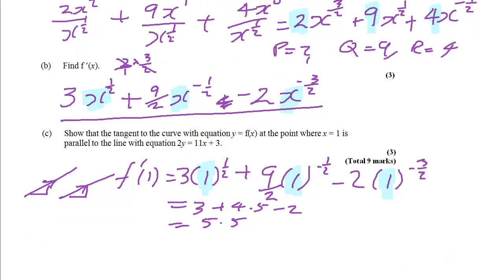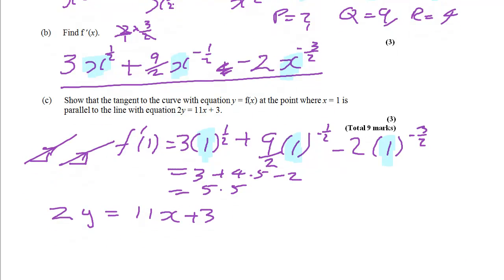So let's just look at what this gradient will give us. Well, we know we can rearrange 2y equals 11x plus 3 to get y equals 5.5x plus 1.5. We divide by 2 gets y, divide by 2 gives 5.5, divide by 2 gets 1.5.